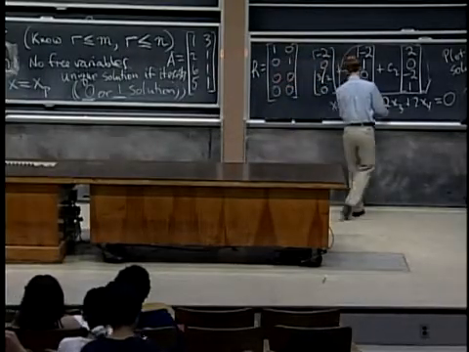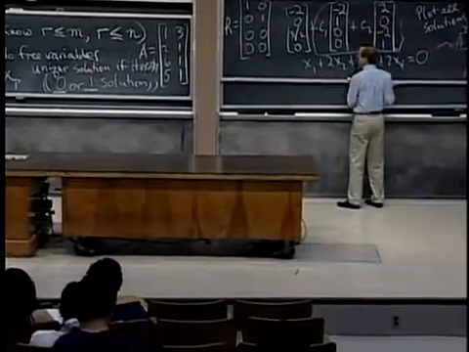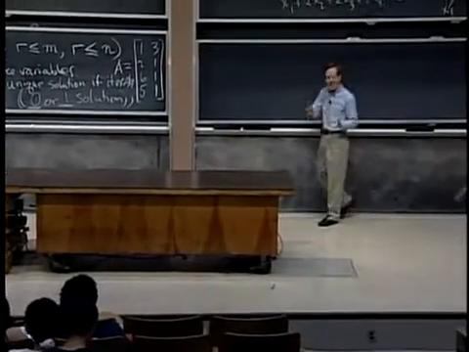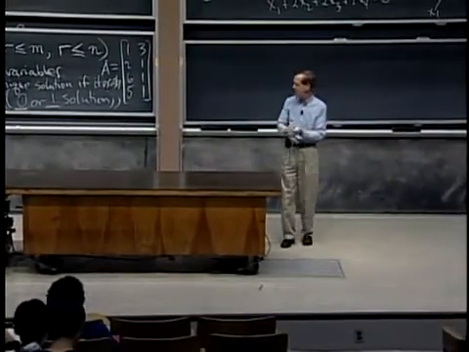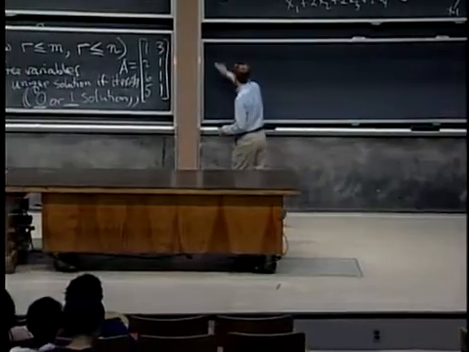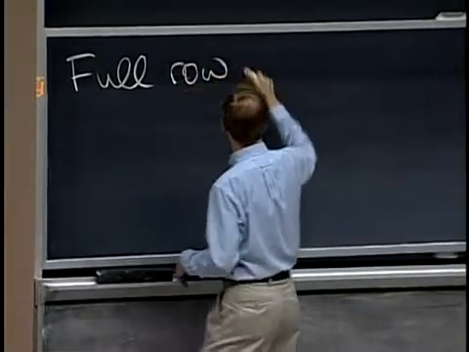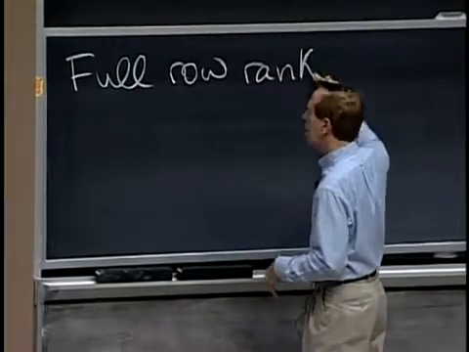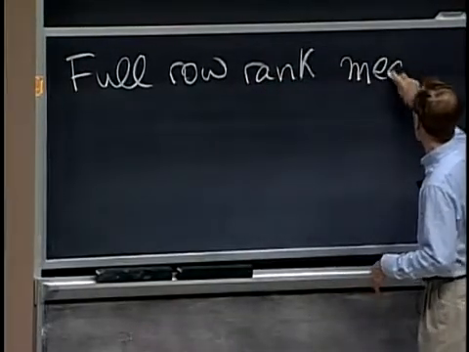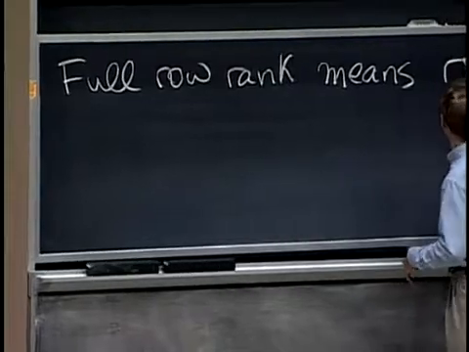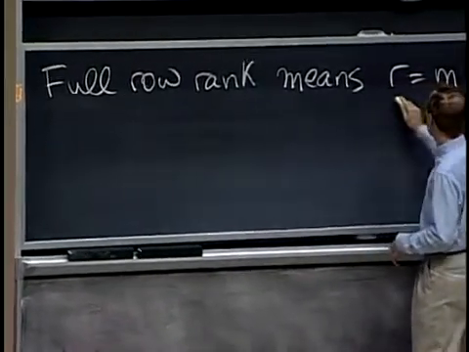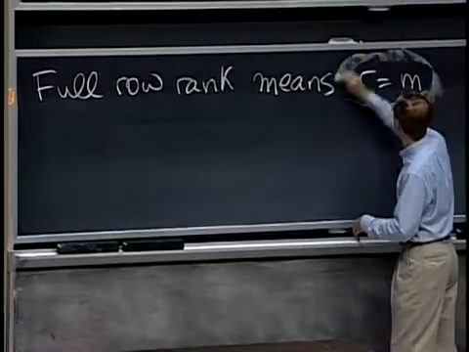Now I go to full row rank. You see the sort of natural symmetry of this discussion. Full row rank means R equal M. So this is what I'm interested in now.